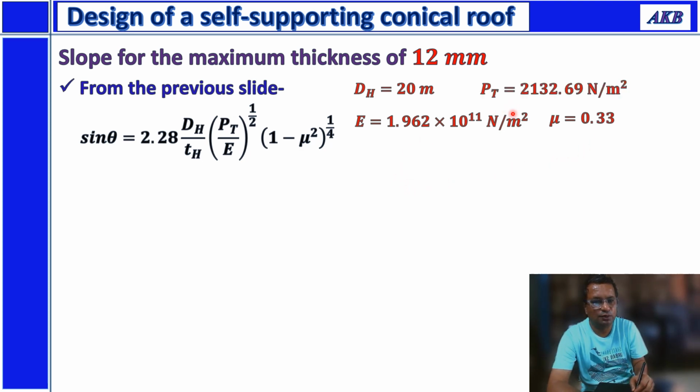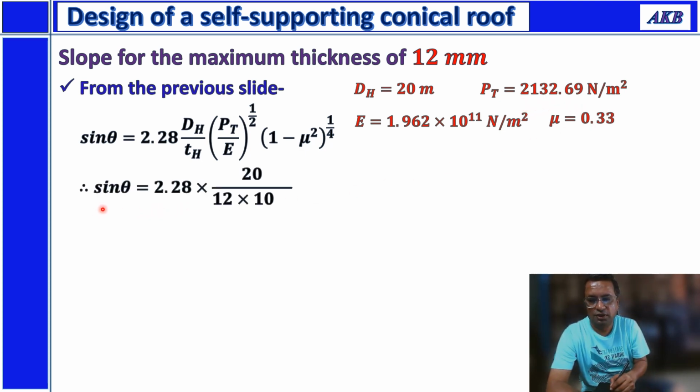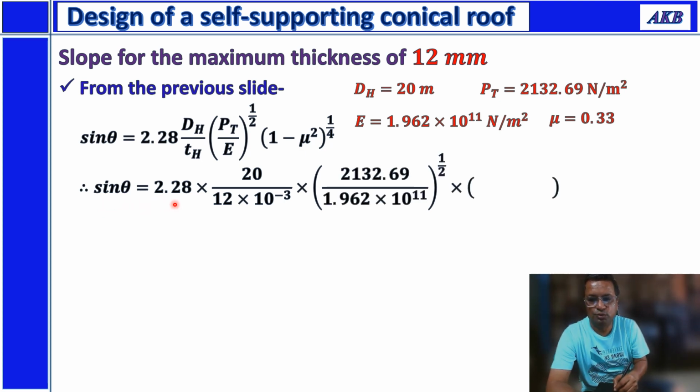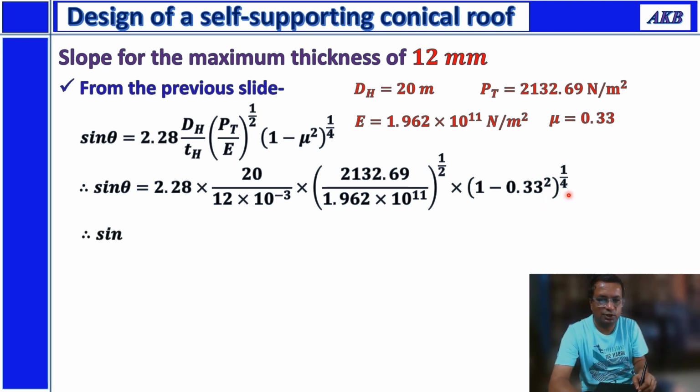Total pressure we calculated for a thickness of 12 mm is 2132.69 Newton per meter square. Therefore, after putting all these values, sine theta is equal to 2.28 into 20 by 12 into 10 to the power minus 3 into 2132.69 divided by 1.962 into 10 to the power 11 raised to 1 by 2 into 1 minus 0.33 square raised to 1 by 4.